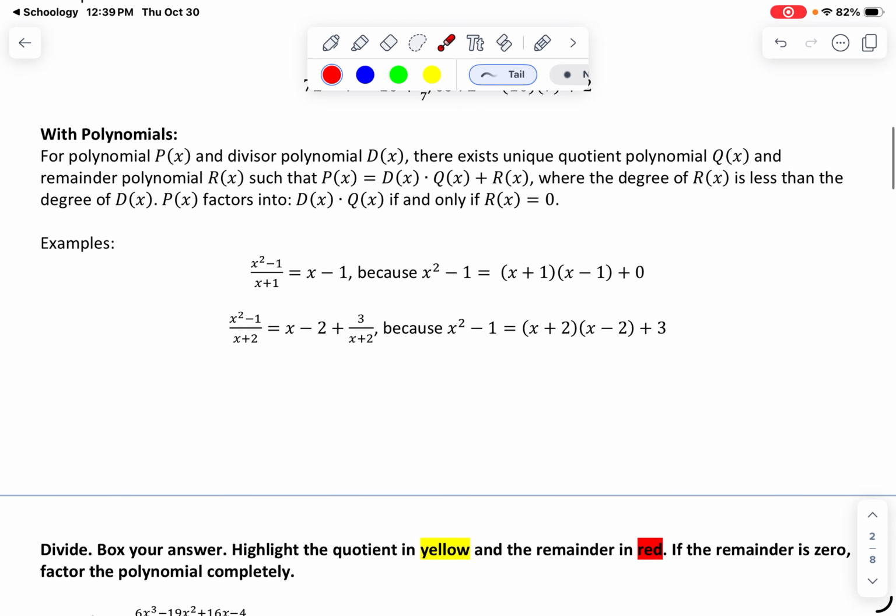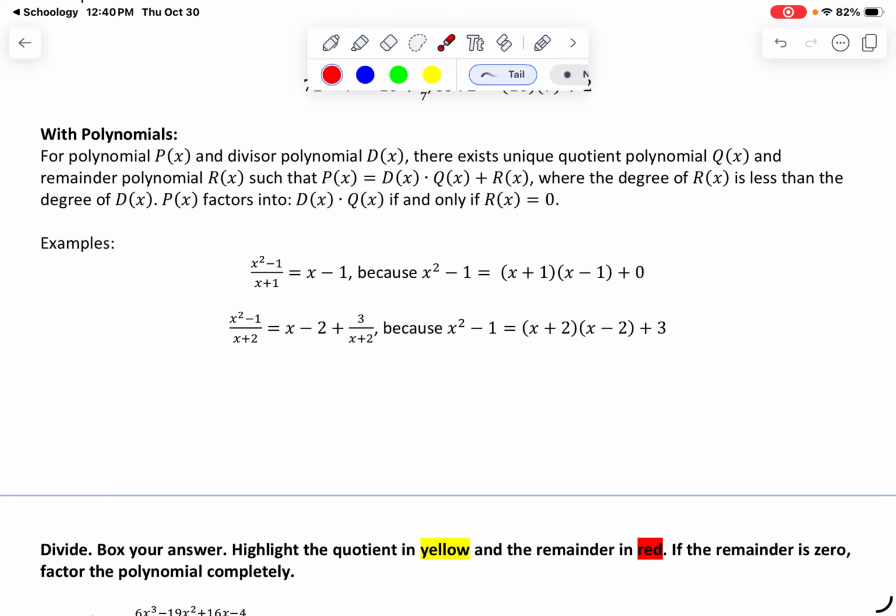Okay, so now we're gonna also do this with polynomials, okay? And I'm going to explain how to do polynomial long division, but I wanna explain how we're gonna write our answers before we even start. So if we were dividing x squared minus 1 by x plus 1, we know how to simplify this already. If you factored it, the x plus 1 over x plus 1 would be canceling, and you'd be left with x minus 1.